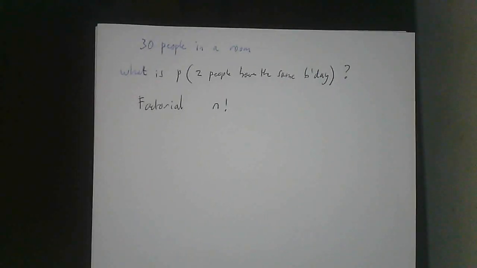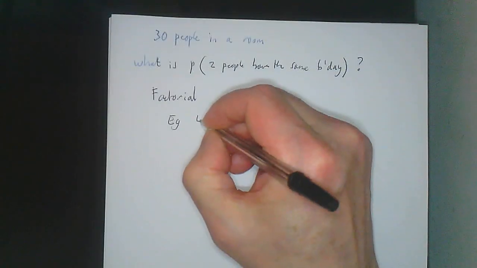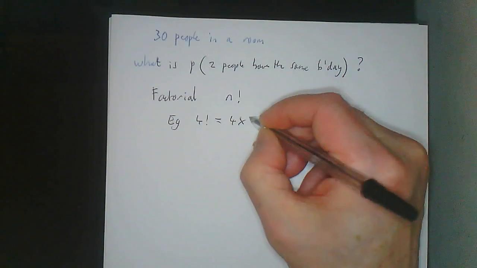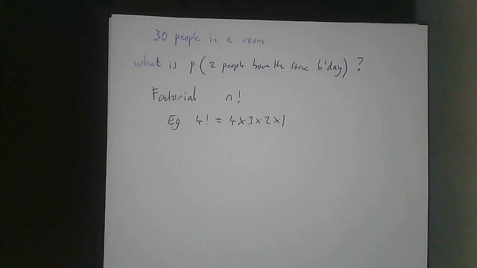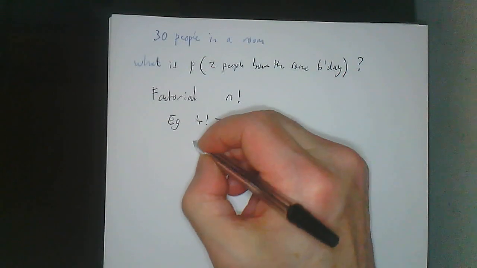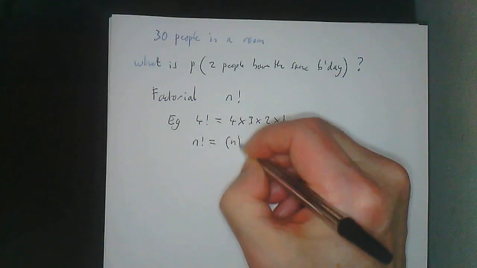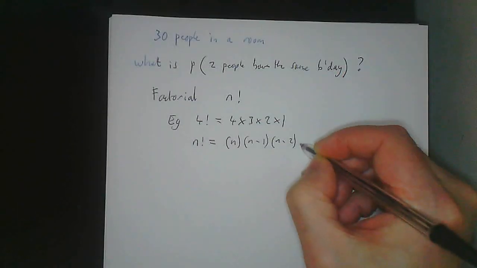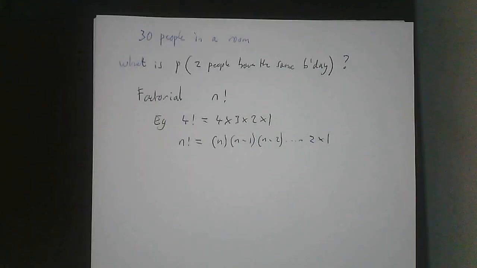For example, 4 factorial is the notation for 4 times 3 times 2 times 1. That's all it means. So if you've got a general number n, that means n times n minus 1 times n minus 2, dot, dot, dot, all the way down to 2 times 1.